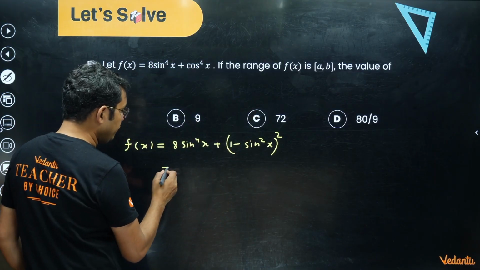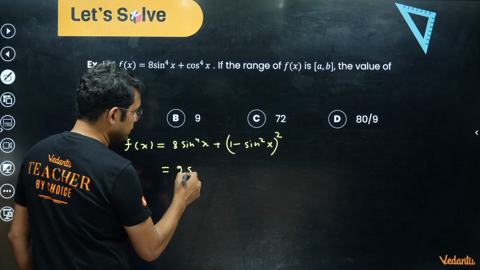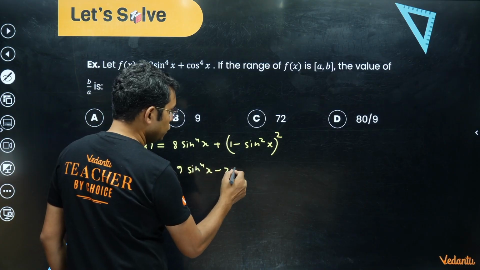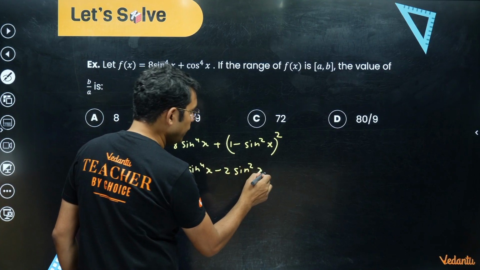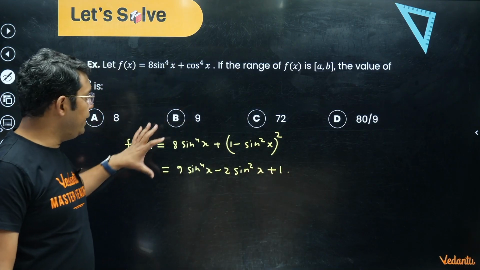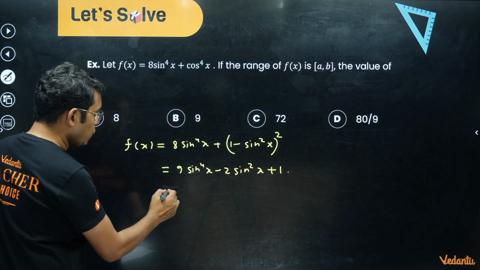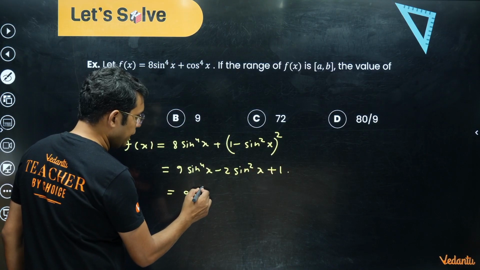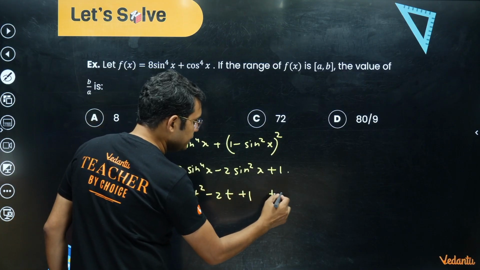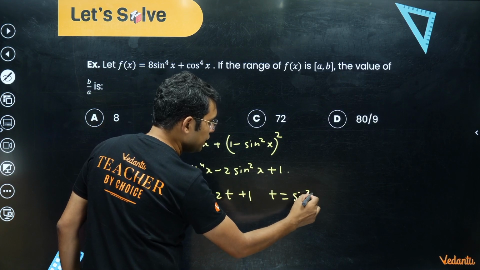If you simplify it, you will be getting 9 sine power 4x minus 2 sine square x plus 1. So the entire thing is actually a quadratic in terms of t, 9t square minus 2t plus 1, where t is actually sine square x.